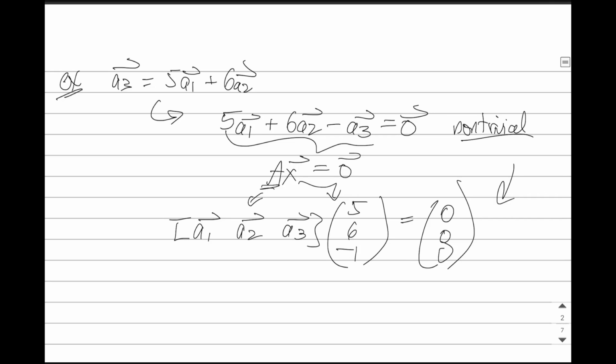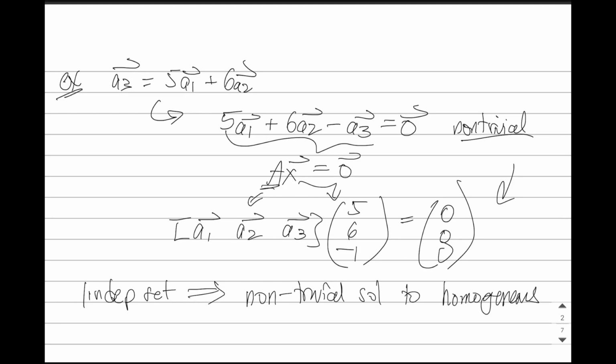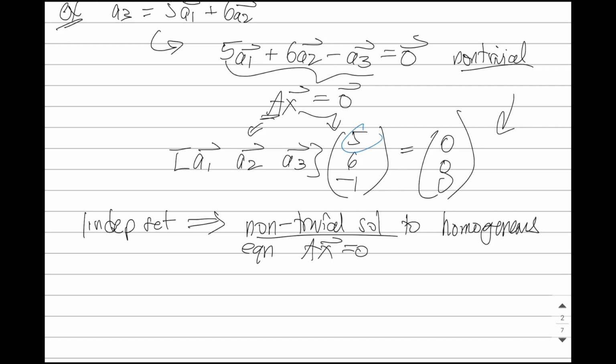And this is going to give me 0, 0, 0. We have a linearly dependent set by definition, and this gives us a non-trivial solution to this homogeneous equation, Ax equals 0. And again, the matrix A has the vectors that we're interested in as its columns. We have a non-obvious, non-trivial way of getting a solution to a homogeneous equation.